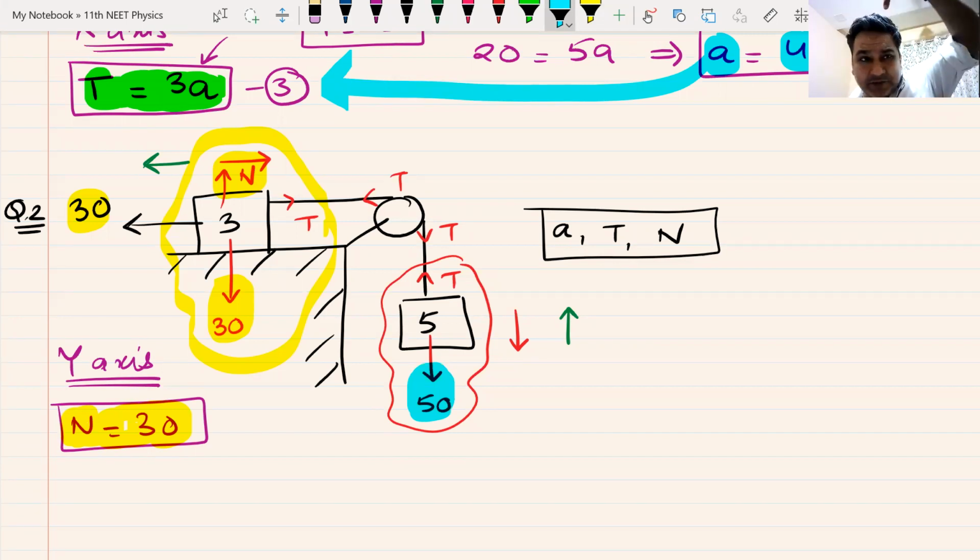So basically, 50 newtons is trying to pull the block downwards, and 30 newtons is trying to pull the 3 kg block leftwards. If it is trying to pull the 3 kg leftwards, it basically means that it is trying to pull the 5 kg upwards. Do we understand this?